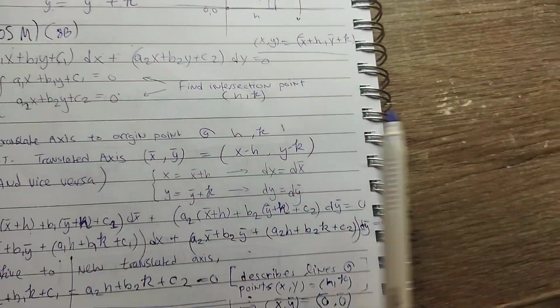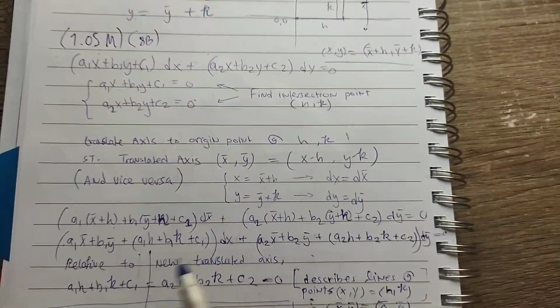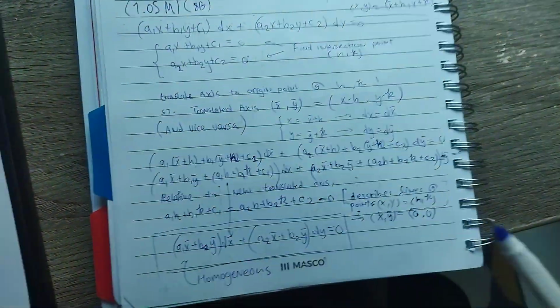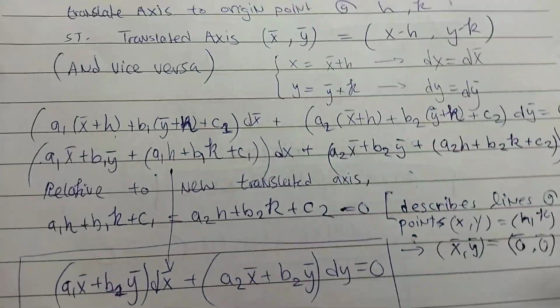Equal to 0. So these two values over here are equal to 0 relative to the new translated axis.